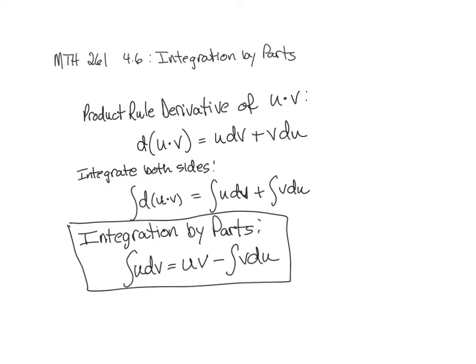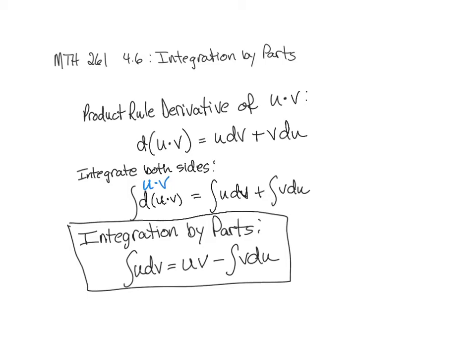So taking this, integrate both sides of the line, integrate piece by piece. But notice that the integral of the derivative here is just going to be u times v, okay?